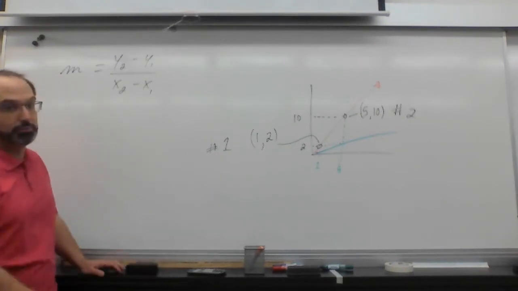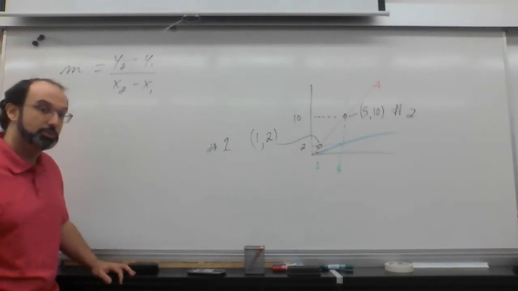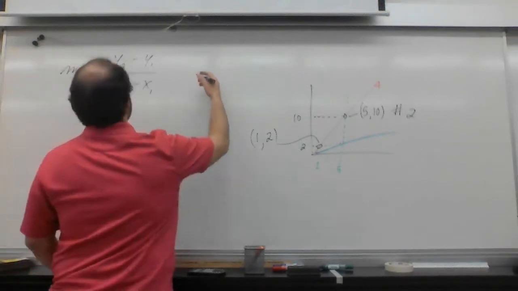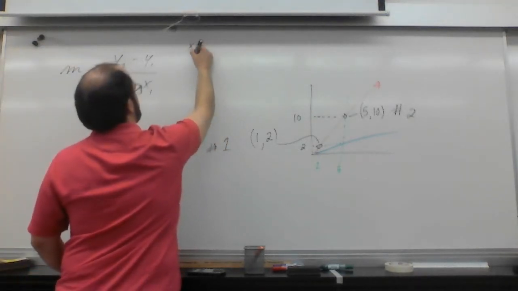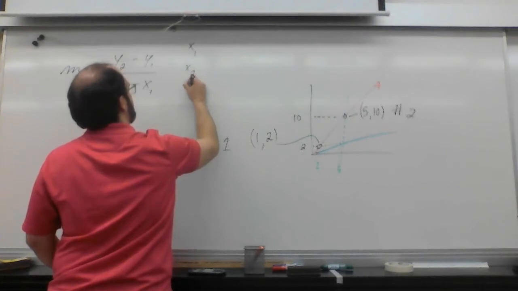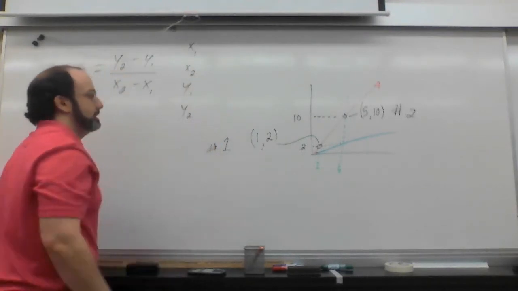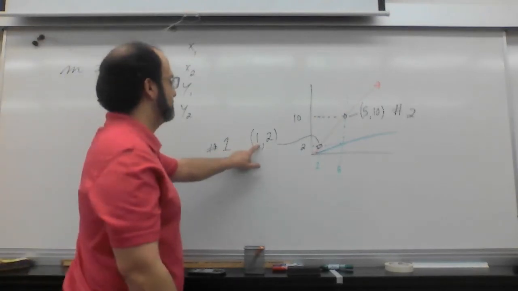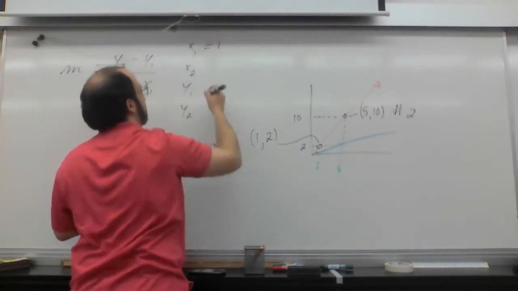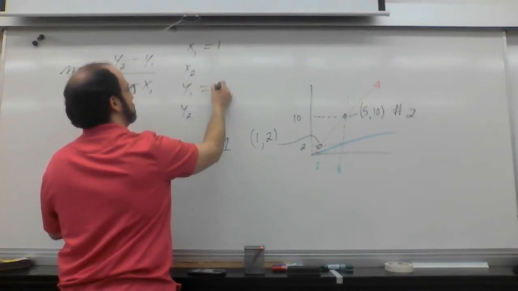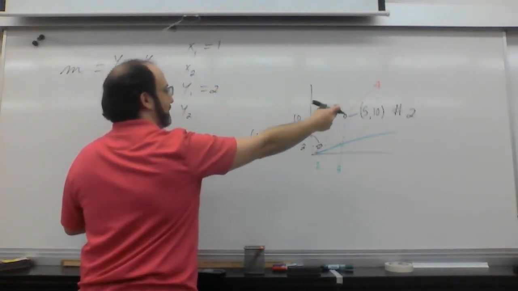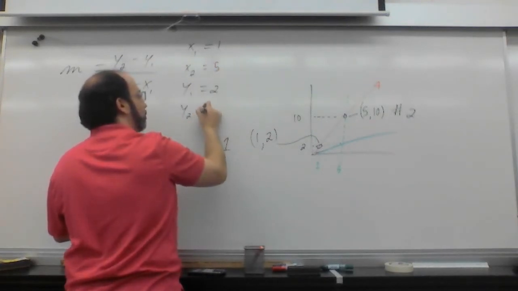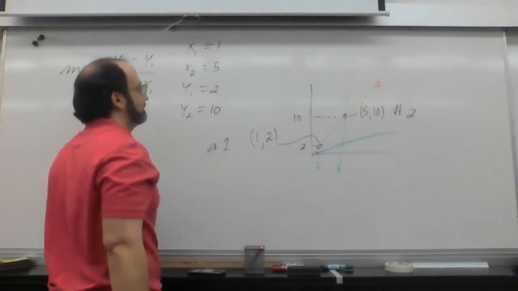Remember what we've said before when it comes to doing math and physics. Write down the information you know. So, okay, I'll write down my information right here. And I'm going to say that there's x1, x2, y1, and y2. So now I collect that information. x1 is 1. y1 is 2. x2 is 5. y2 is 10.